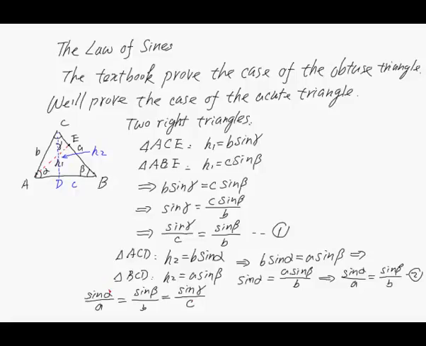You see, this is the alpha. A is the length of the side opposite alpha, and this is B, the length of the side opposite beta, right? And C, the length of the side opposite gamma. So their ratios are the same.